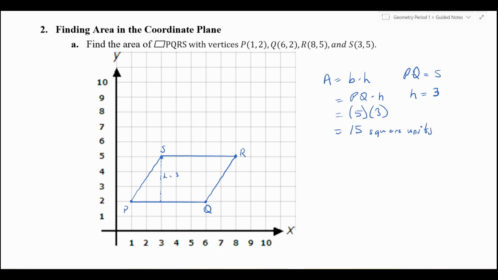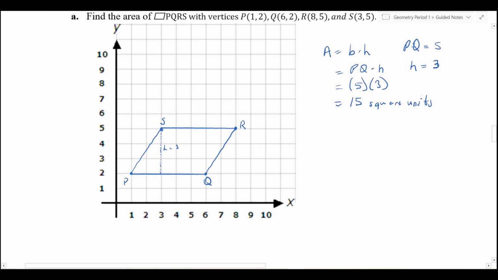So we just plot the points in, draw our altitude where it applies, and then we find the length of the height, find the length of our base, and then we multiply the two, we get our area. Let's take a look at an example for you to do.